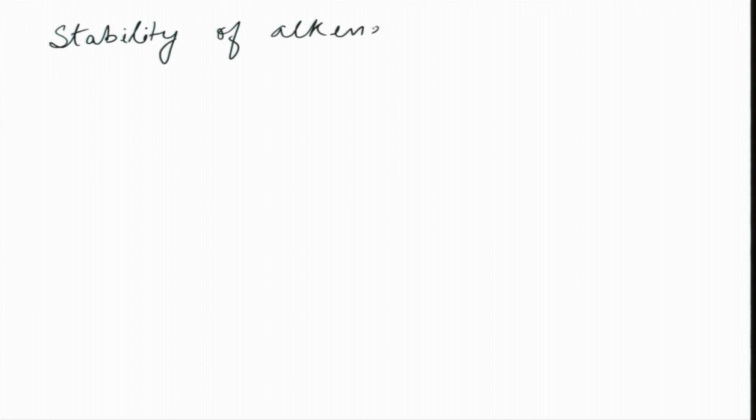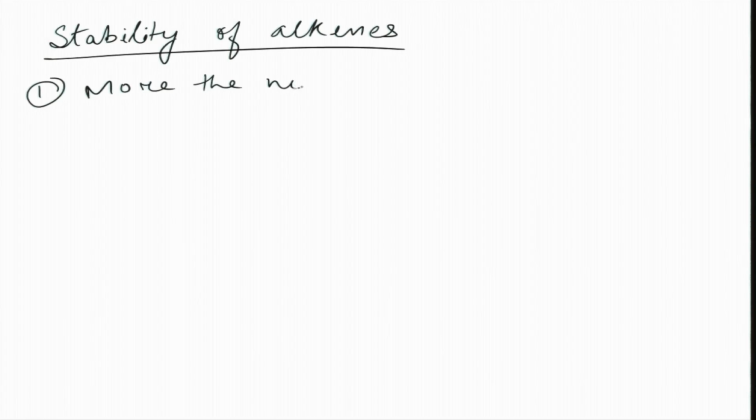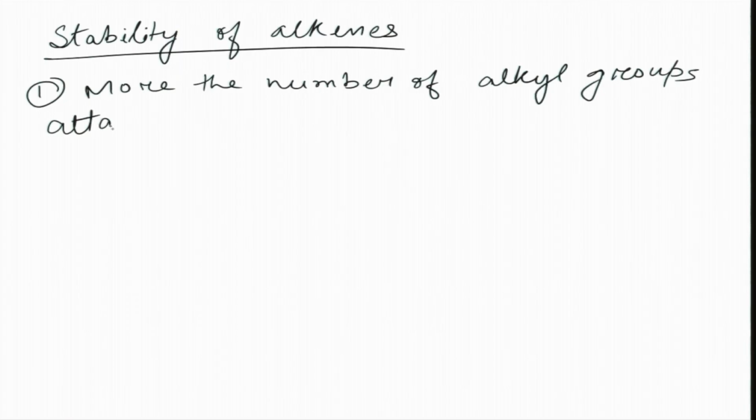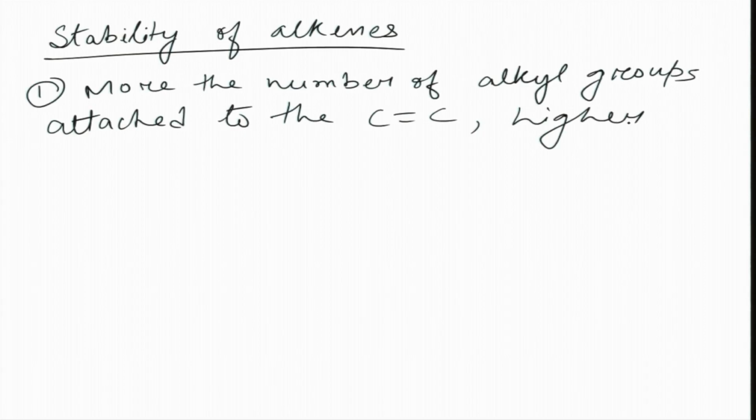So, the first thing is, the more the number of alkyl groups attached to the carbon-carbon double bond, the higher is its stability.